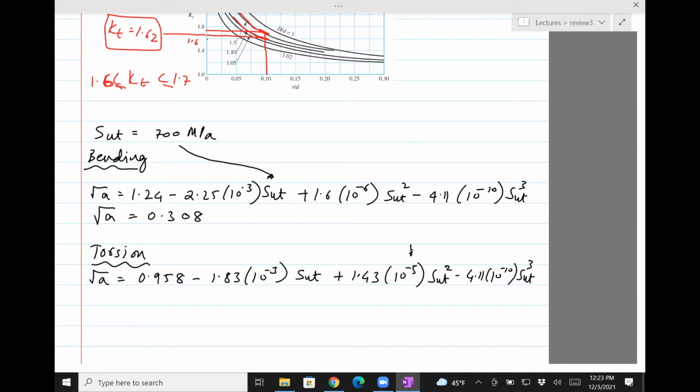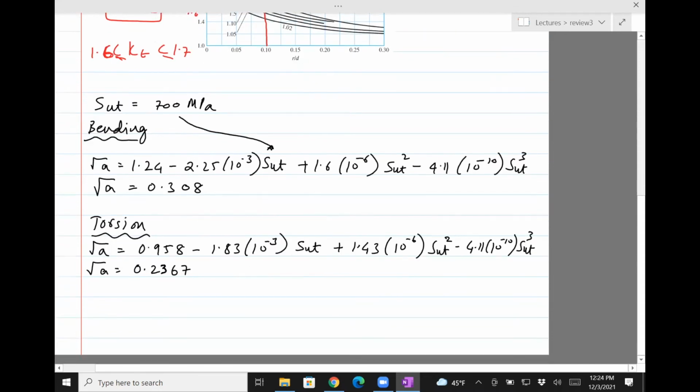Yeah, for torsion it is negative 6, my bad. Okay, so that comes out to be square root of a equals 0.2367.